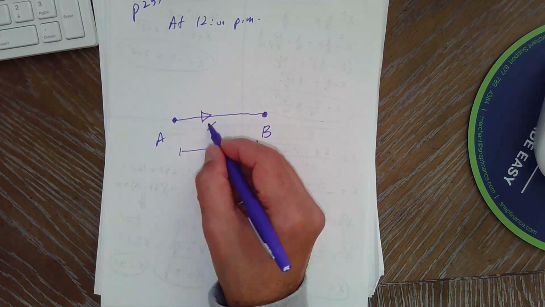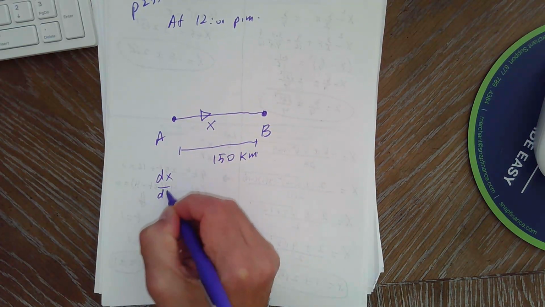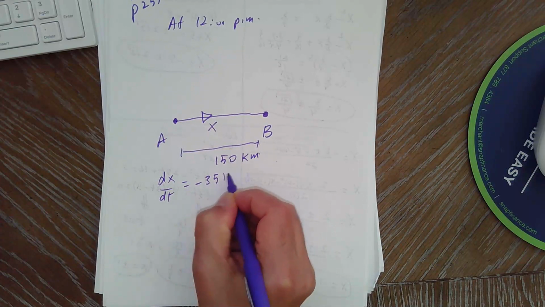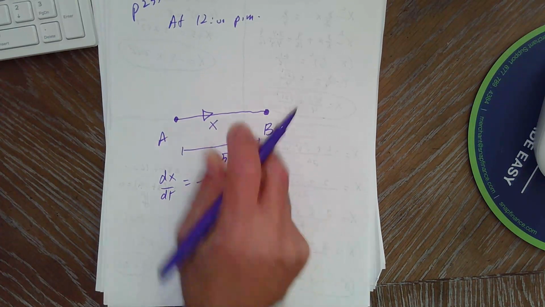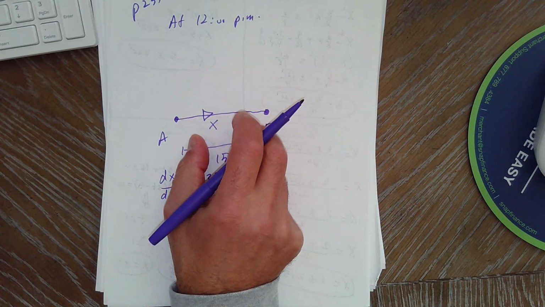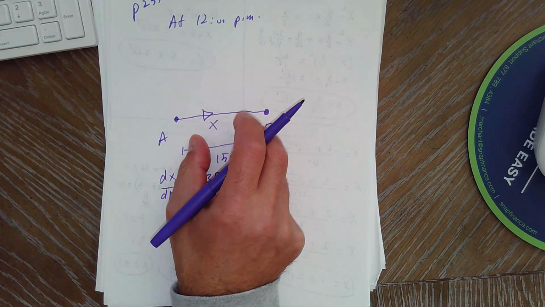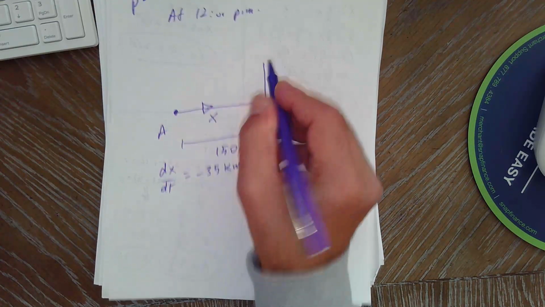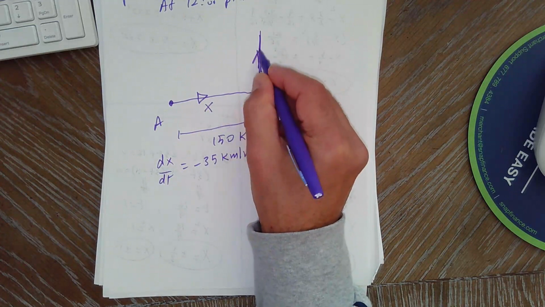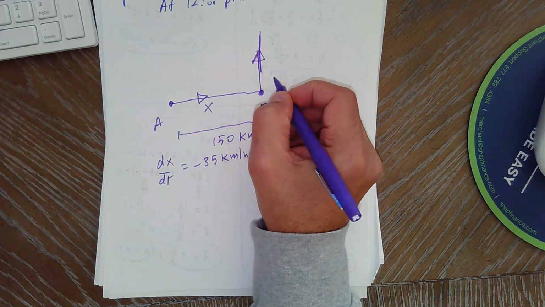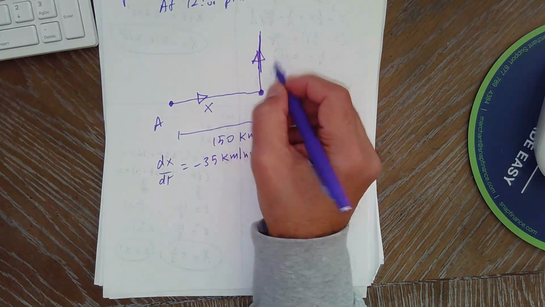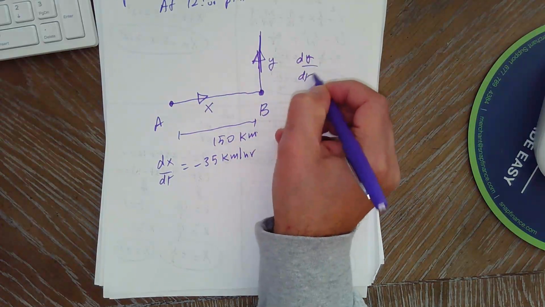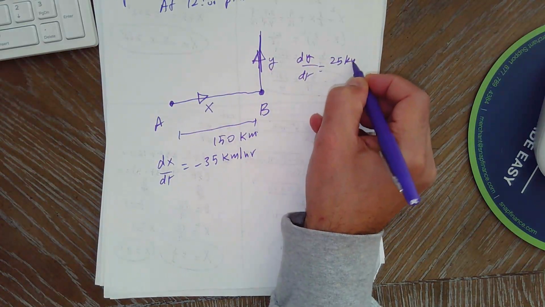So if this is x, then dx by dt is negative, and you can see why it's a negative rate, because that distance is shrinking. And ship B is sailing north. Ship B is sailing north at 25, so that's increasing. dy by dt is 25 kilometers per hour.